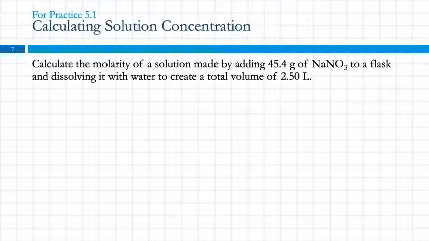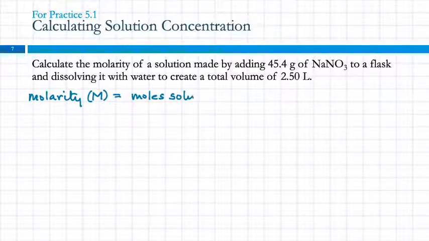And so if we're calculating the molarity, then we use the equation: molarity, M, is moles of solute divided by liters of solution. And that is something you need to memorize.